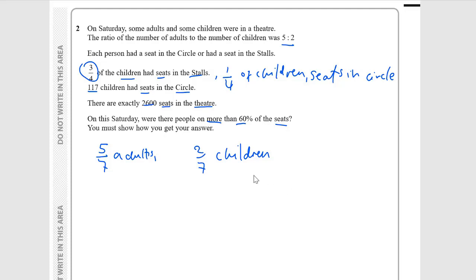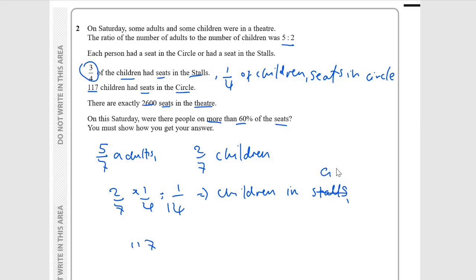So first of all, 2/7 times 1/4 gives us 1/14, and this is the fraction of the people who are children in the circle, and this tells us it's 117.